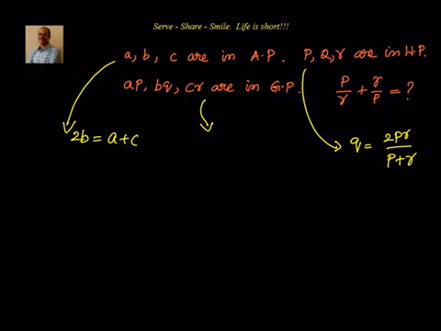If AP, BQ, CR are in GP, can I say BQ whole square is equal to AP into CR, or can I say B square Q square equal to AP and CR.